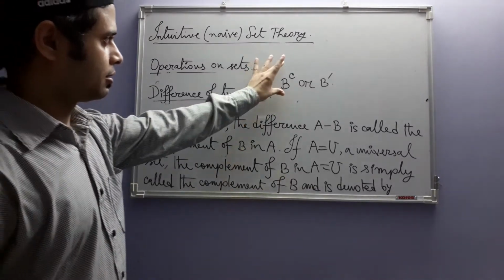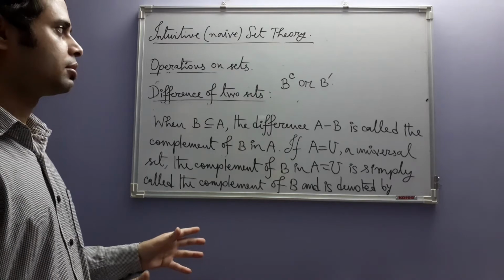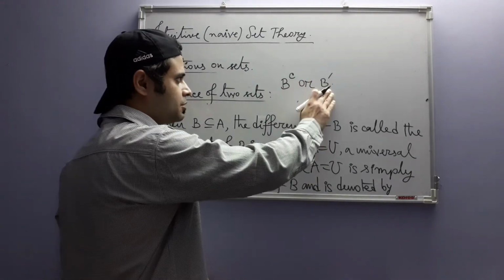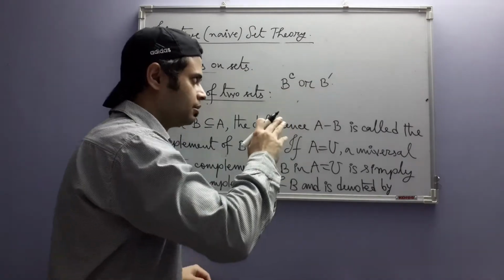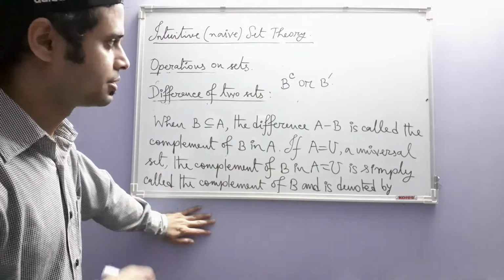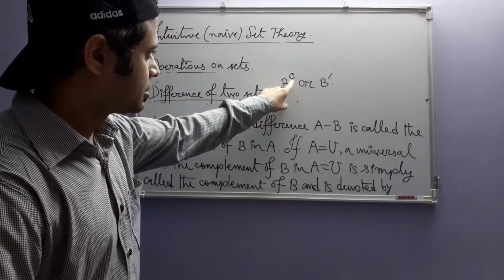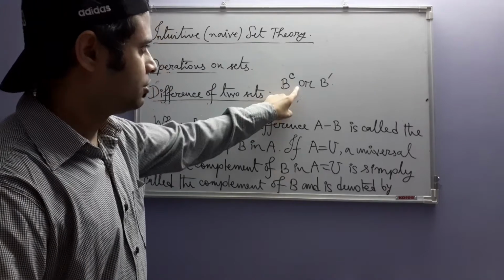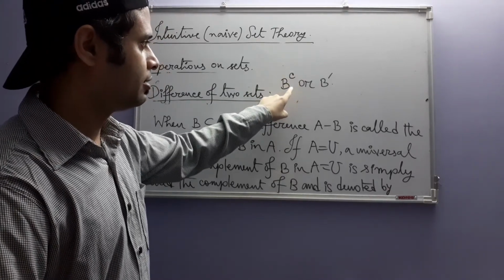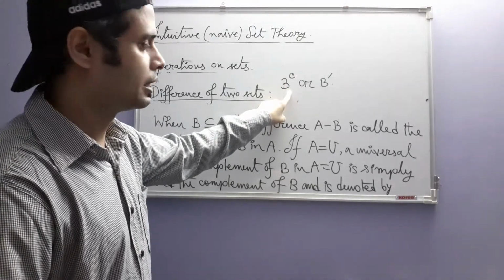Actually, these symbols are not without their problem. The same symbols are used in a different situation to mean something else. When we study functions, this same symbol also denotes the set of all functions with domain C and range or codomain B. Okay, these things will come later.